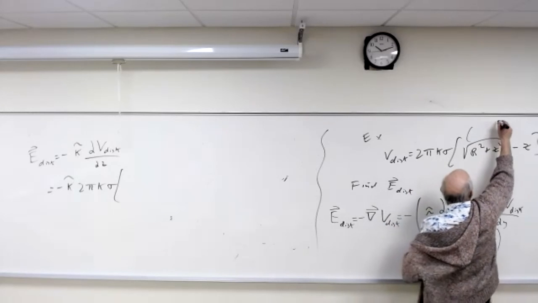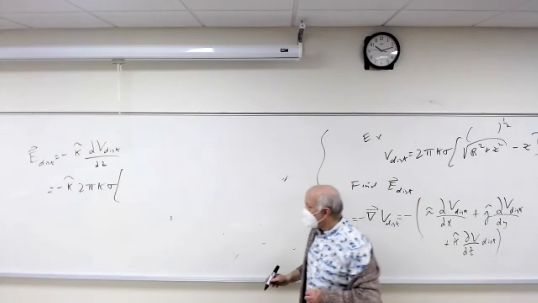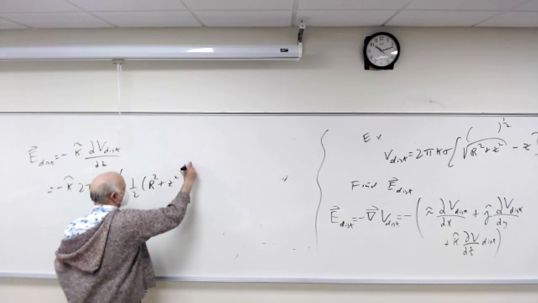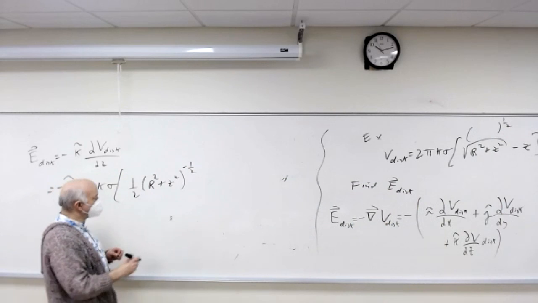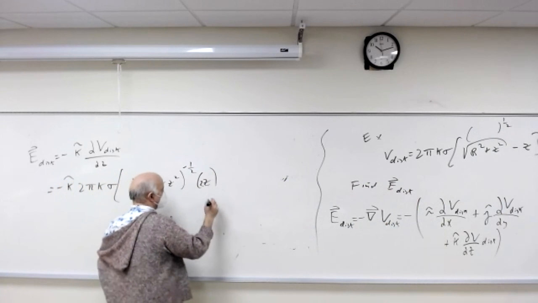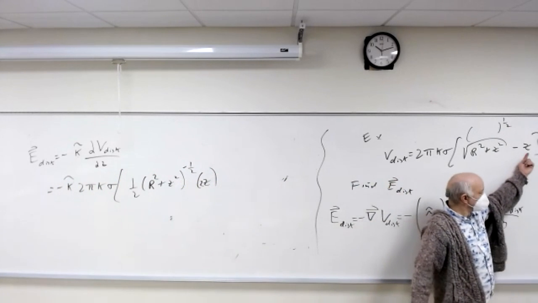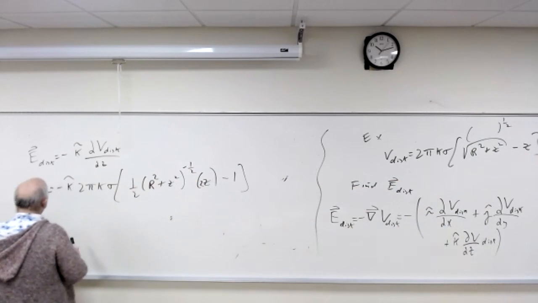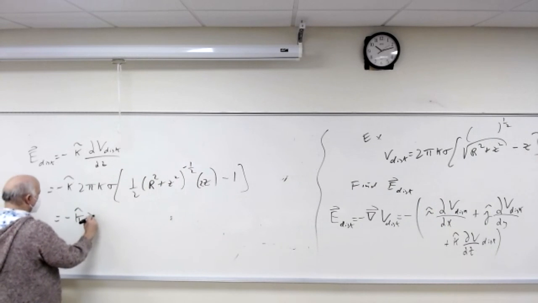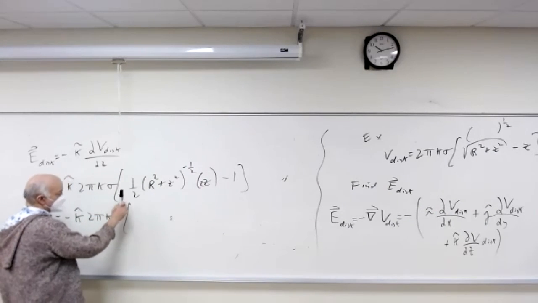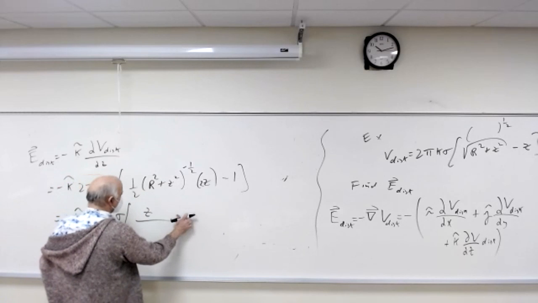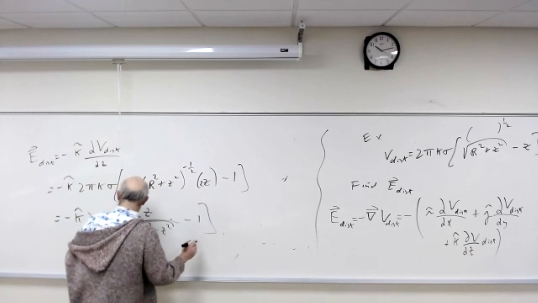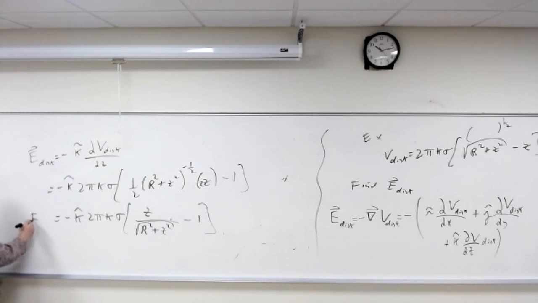That gives me 1/2 times r squared plus z squared to the minus 1/2 times 2z, then minus 1. So minus k hat, 2 pi k sigma. The 2's go out, and this gives me z over the square root of r squared plus z squared, minus 1. Shazam.